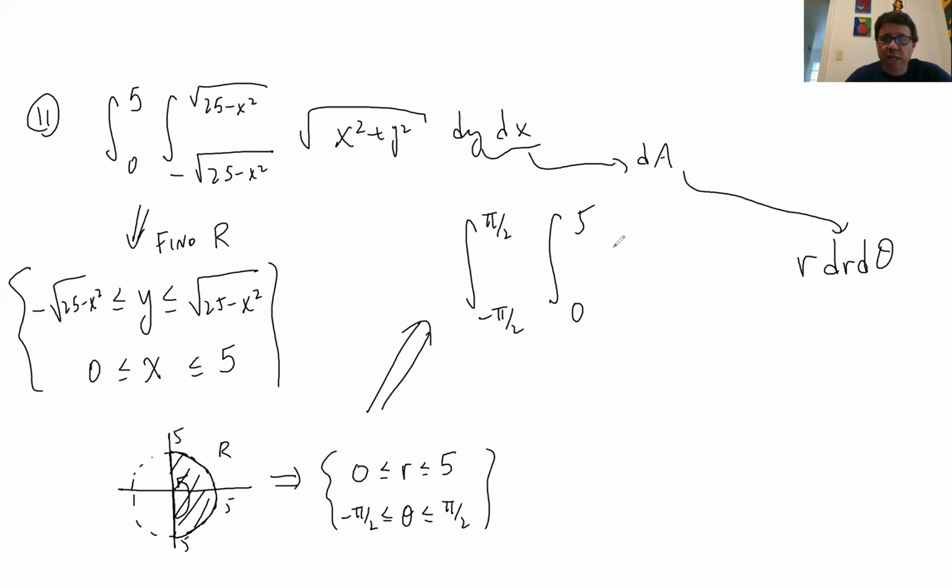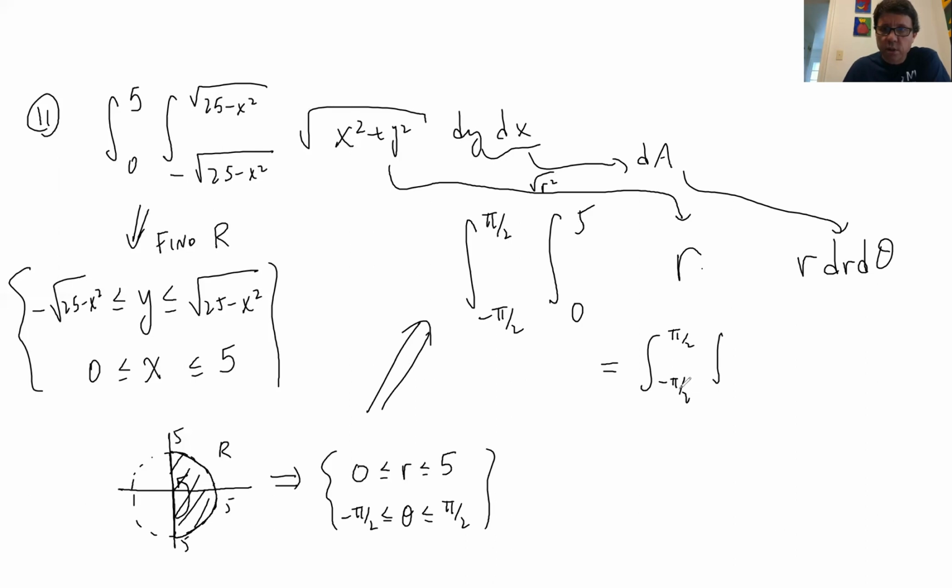And then we have to convert the inside, but again, x squared plus y squared is r squared. So this inside part here becomes the square root of r squared. So that's just r. So we get this super small integral where it's negative pi over 2 to pi over 2, 0 to 5 of r squared dr d theta.